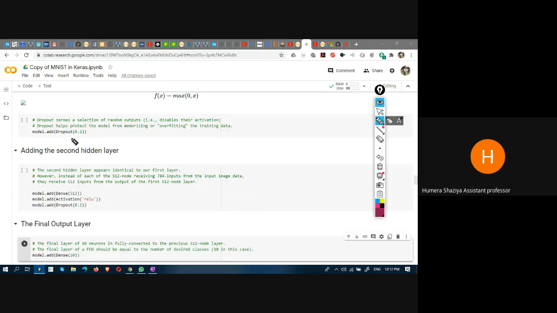Then you add dropout. So here what is happening? Dropout means out of 512 nodes, you are dropping 20 percent of them. Okay, so 0.2 of the nodes you are dropping. Then your second hidden layer, you are adding dense, activation, and again dropout.